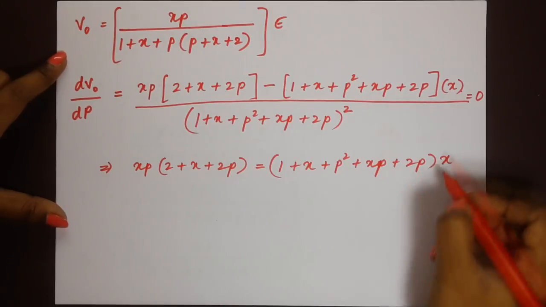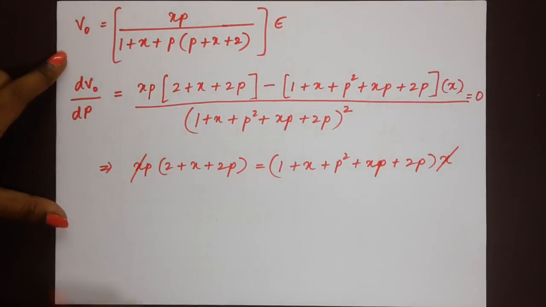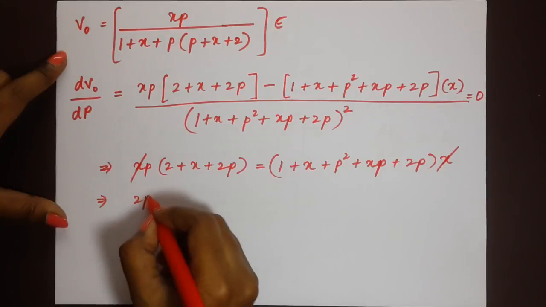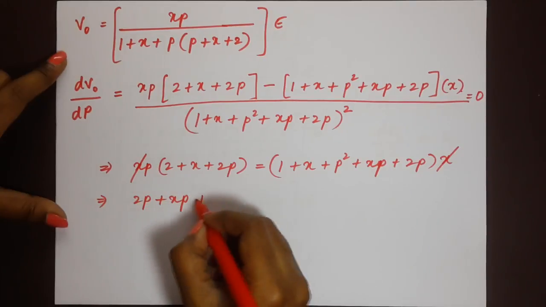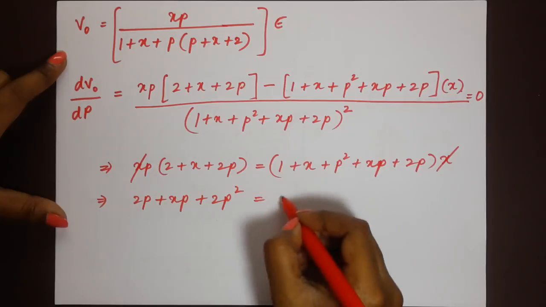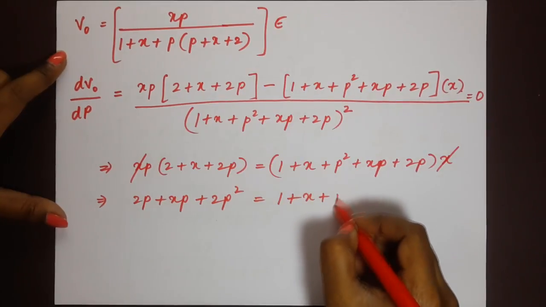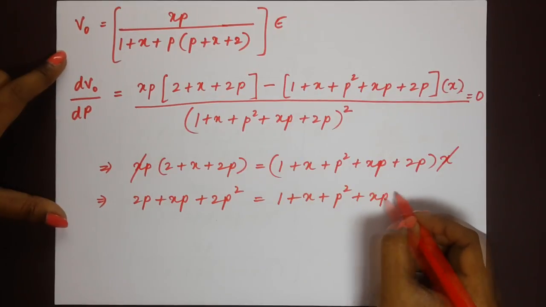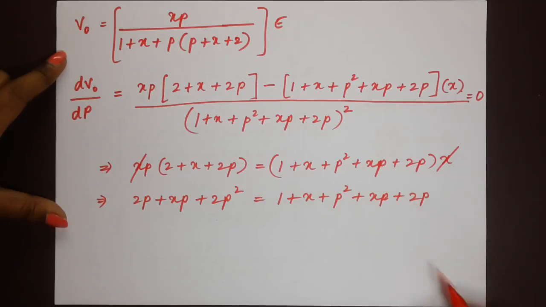So this is what we have. Now we can cancel out X on both sides. 2P plus XP plus 2P square is equal to 1 plus X plus P square plus XP plus 2P. Okay, so this is what we have now.